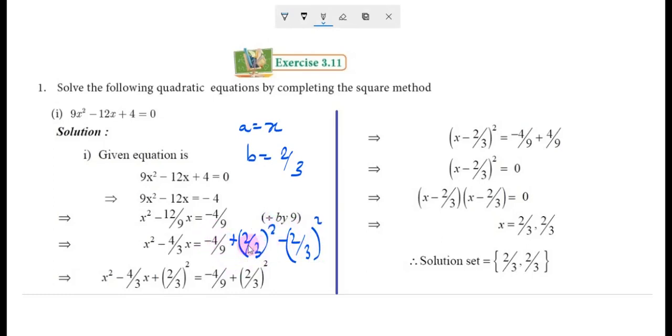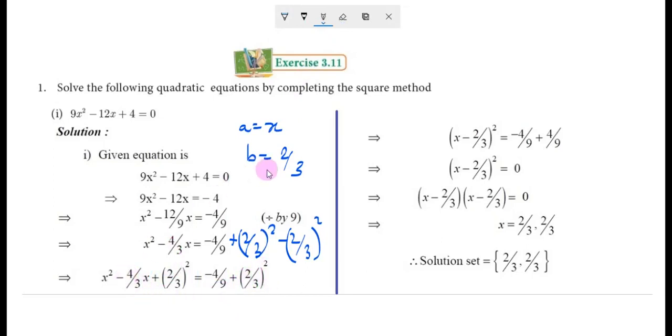So for our convenience we are taking this, and I have moved this minus 2 by 3 the whole square to the left side, so x square is already there, minus 4 by 3x, and minus 2 by 3 the whole square we should move to the left side, so we get this term. Okay, equal to minus 4 by 9 plus 2 by 3 the whole square.